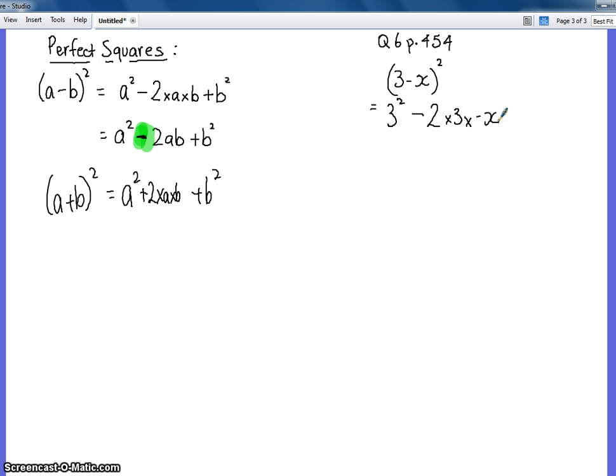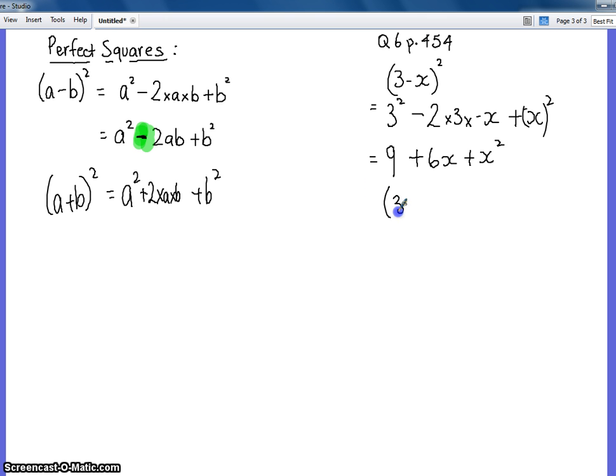And then in our head it is plus b squared, so on this occasion it's plus that. 3 squared is 9, 2 times 3, and a negative makes a positive, and then a negative and a negative all squared makes a positive x squared. Okay, so it's just working through that process.